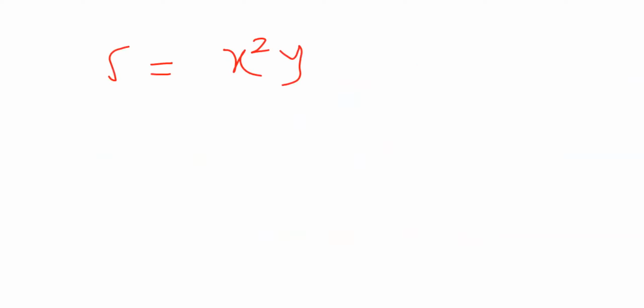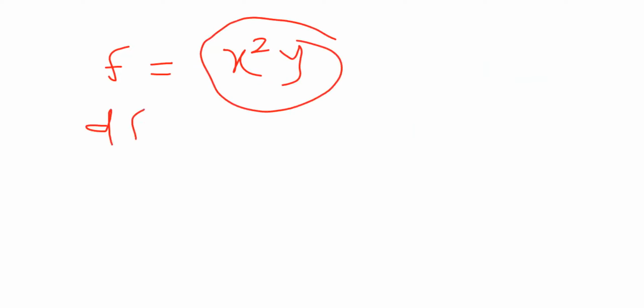This is f. If I'm differentiating with respect to y, it means that x squared is constant. You treat these two as product rule. How do you go about it? First is x squared, second is y. I take x squared, then I differentiate y, and when you differentiate y, you get 1.